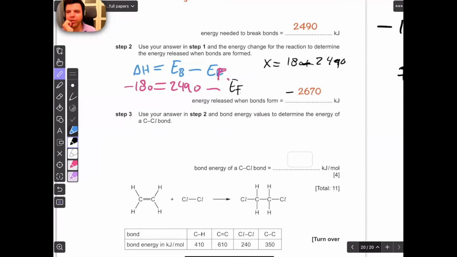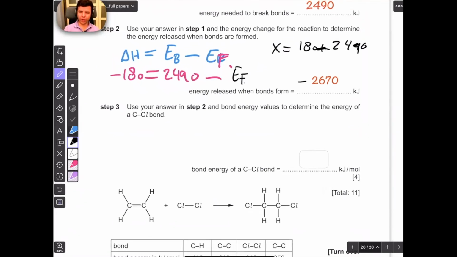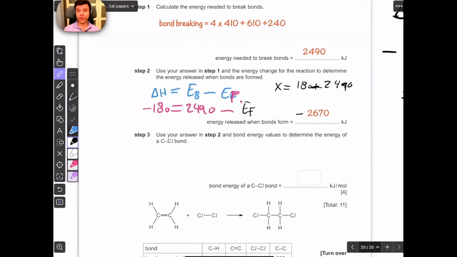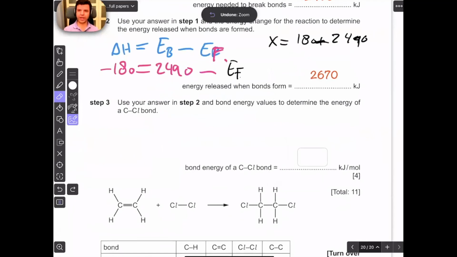Is it wrong if we find CCl first? How are you supposed to find it? There's no way you can find it unless you do all of these steps, right? Why didn't we put the negative sign? I wanted to show him that this is the negative. I'm not going to put it forever. If you could send me that equation on WhatsApp, I can check it and see if it's right, okay?